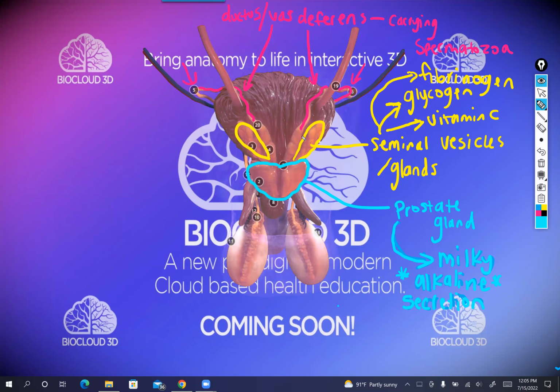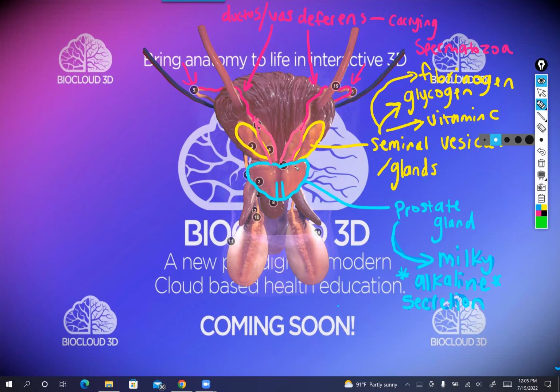So as you can see, the ampulla of the vas deferens meets with the seminal vesicle duct, and they both enter into the prostate in the form of the ejaculatory duct and then join up with the prostatic urethra. So let me kind of draw that. So here's the prostatic urethra.